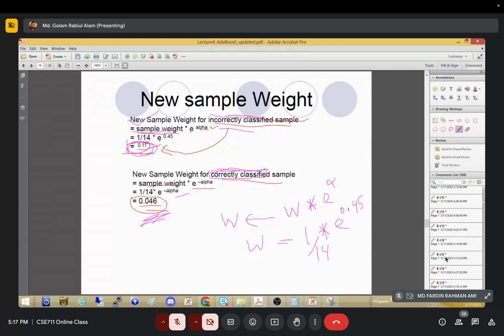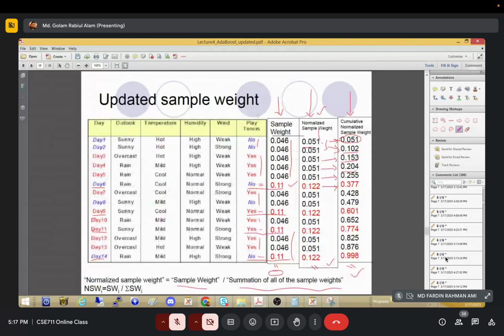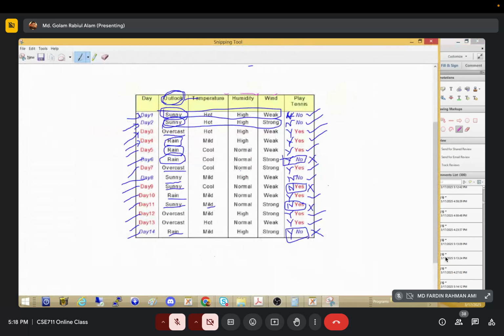This is our data set, and previously the sample weight was equal for all the instances, like 1 by 14, 1 by 14, 1 by 14. But this time, for each instance the weights are different. For the correctly classified instances the weights are 0.046, and for misclassified instances we assign 0.11.